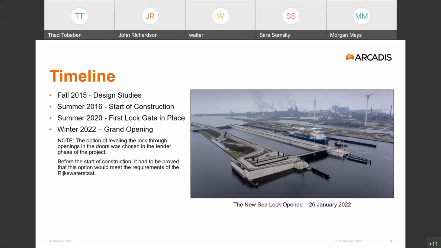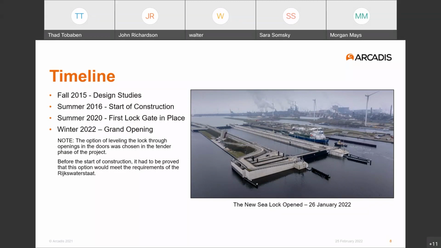Construction was started in the summer of 2016. Four years later, in the summer of 2020, the first lock was put in place, and then just a month ago, on the 26th of January, the C-lock was open for operation.